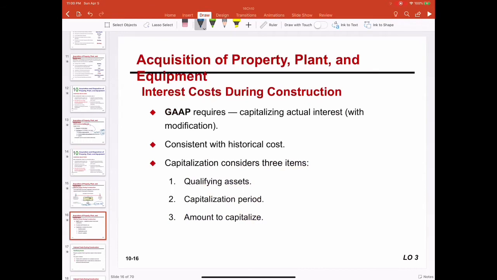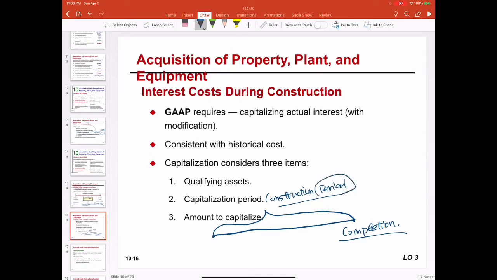The construction period basically starts from the first day of the construction till the asset is completely constructed. It may take months or years. So this is considered the construction period. Because this is a period, this is time, it will determine interest costs.